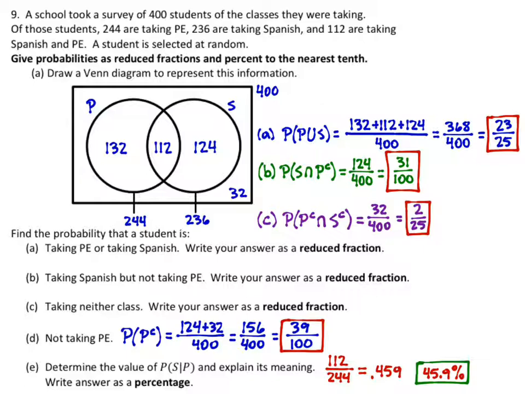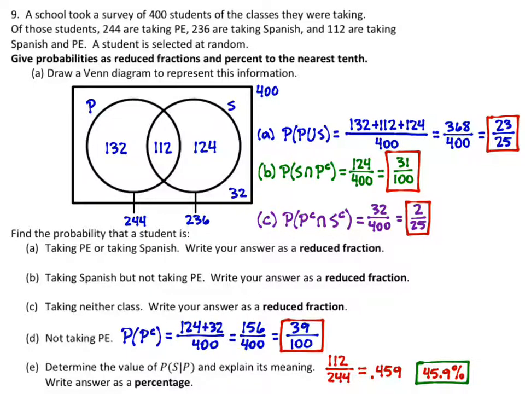Or we could say the probability that a student is taking Spanish given that they are taking PE is 45.9%. So a couple different ways of saying that. But the key words that you have to have in there is something about if or given.